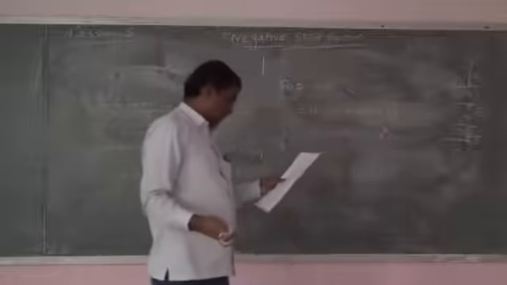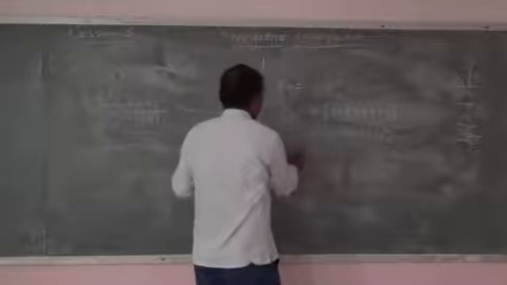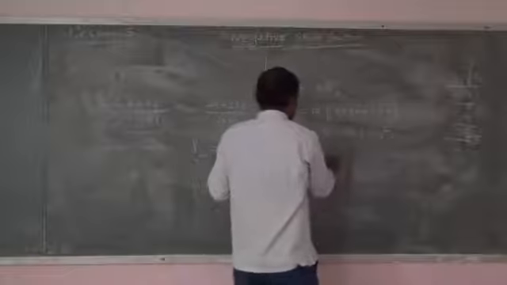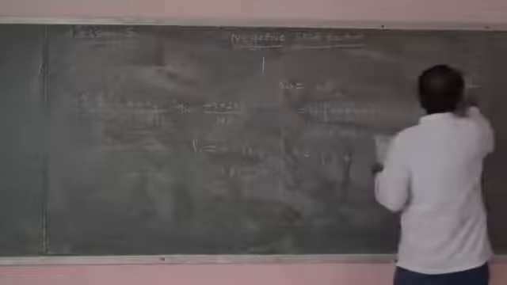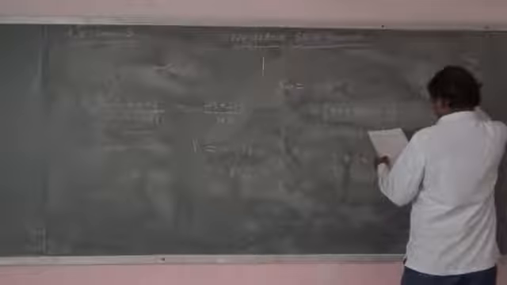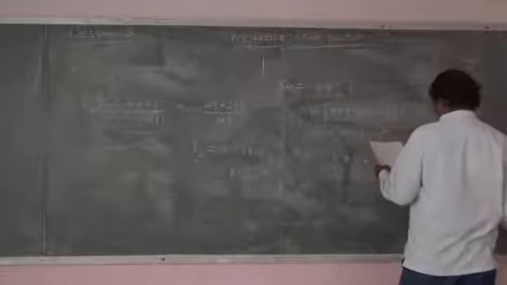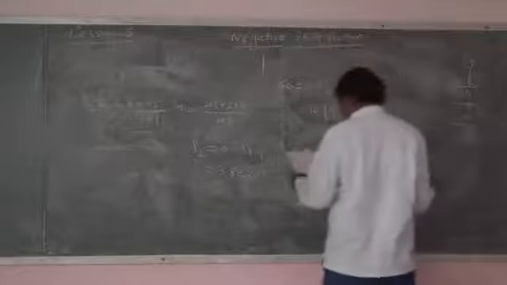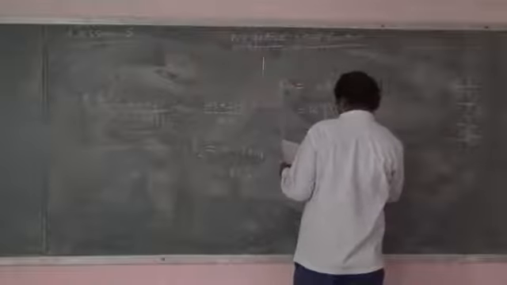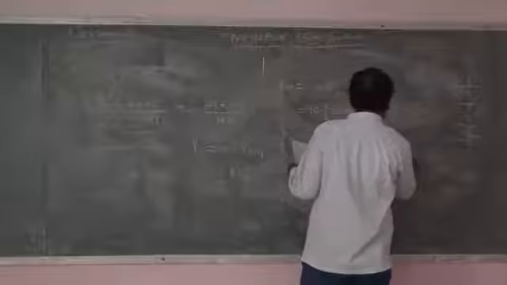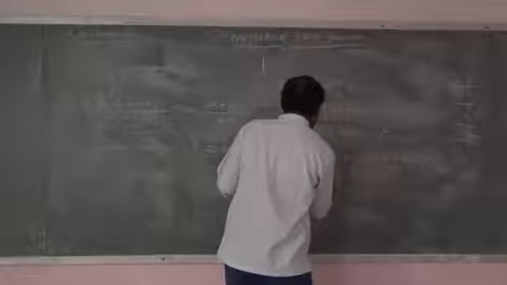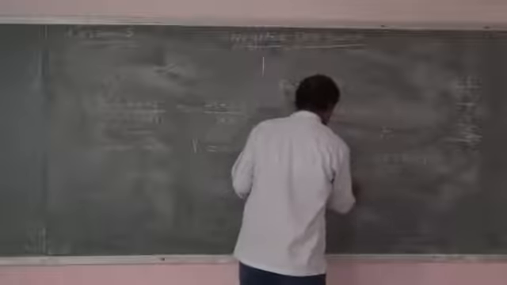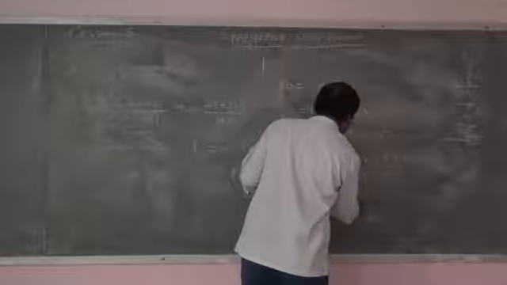So this is 16 into 7 plus 4 plus 4 plus 2.5, and sigma naught is equal to 280 kilonewton per meter square. And area at the midpoint here is 5 plus 2 times, see here from the base you are taking, so this becomes 4 plus 4, 8 plus 2.5, 10.5. 2 into 10.5 into tan 30, B is this much, and delta sigma is equal to Q by B square.